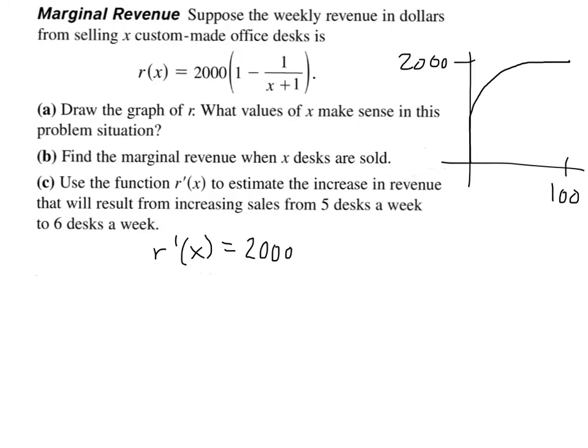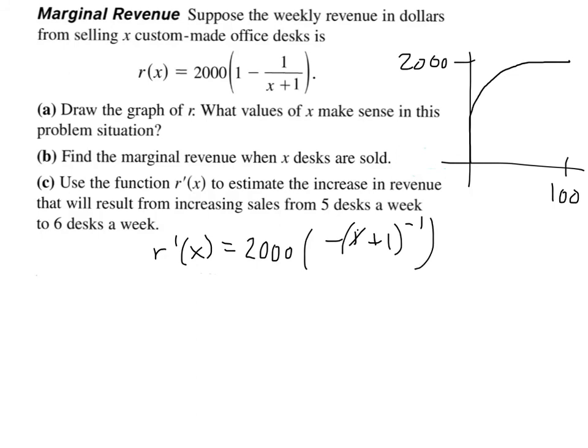Well, the derivative of 1 goes away, so really we're just taking the derivative of negative (x plus 1) to the negative first power. Okay, so that might make it a little bit easier.